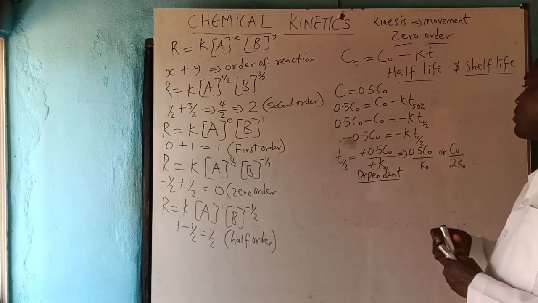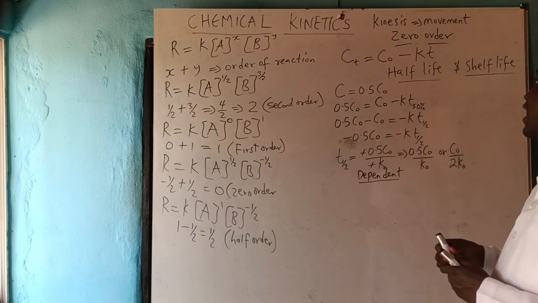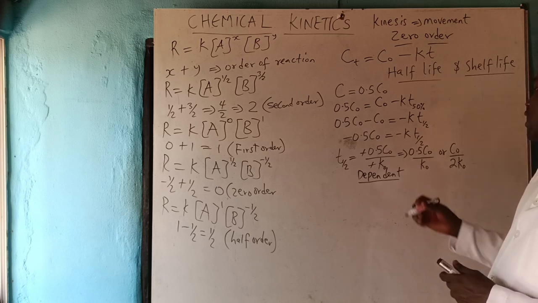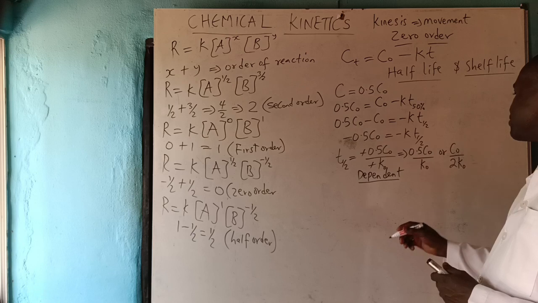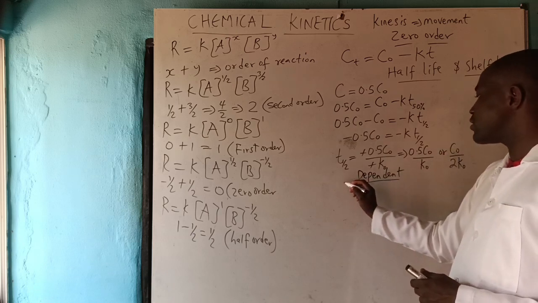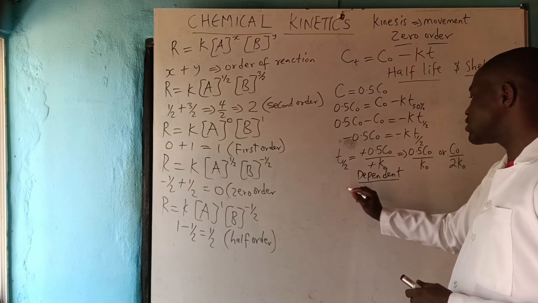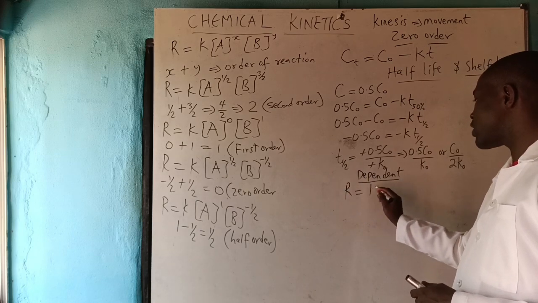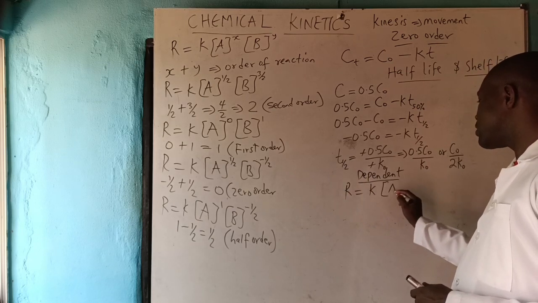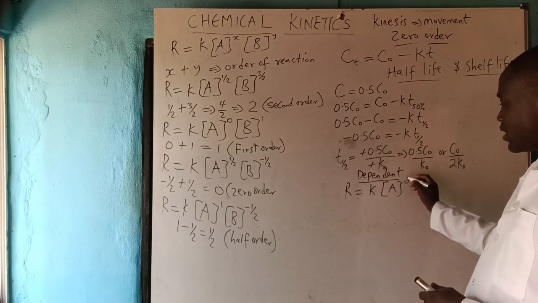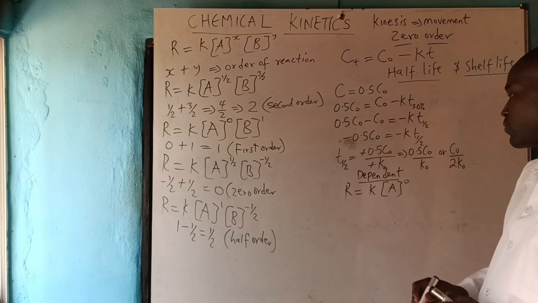Then, what do we mean by zero order reaction? A zero order reaction, the implication is that the rate is equal to K raised to power of 0. That is total x plus 1 is 0.